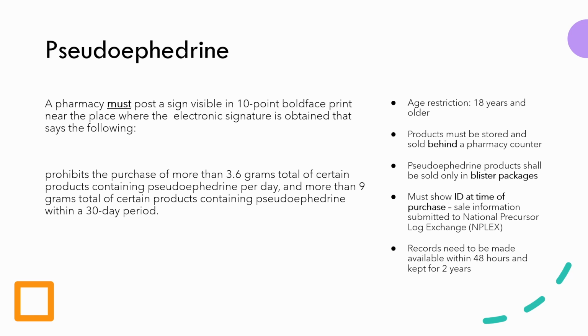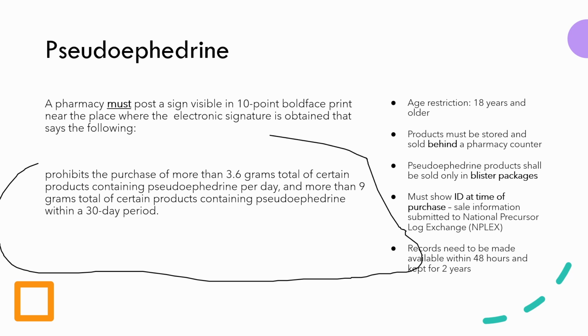This one is just a little blurb about pseudoephedrine. With this, the pharmacy must post a sign that says it prohibits the purchase of more than 3.6 grams total per day and 9 grams per 30-day period. So they need to have that exact verbiage.